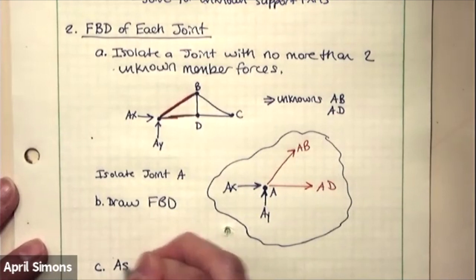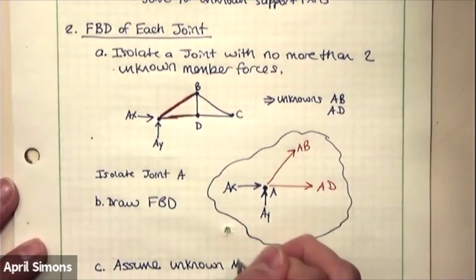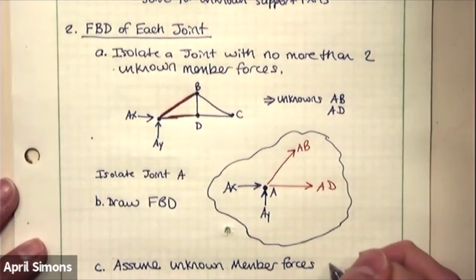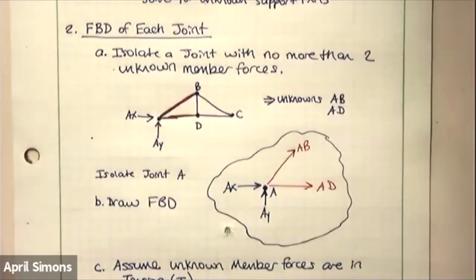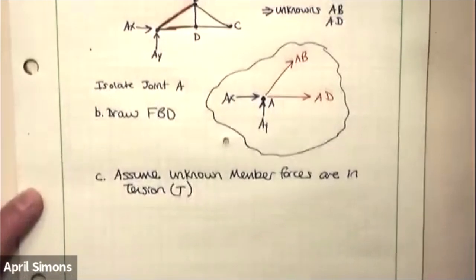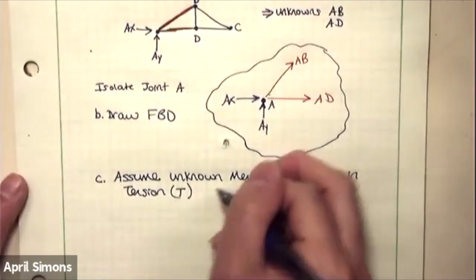Okay. When we draw our unknown member forces, we're going to assume unknown member forces are in tension. When we say that we're going to assume they're in tension, that means we draw them with the arrow away from the joint.